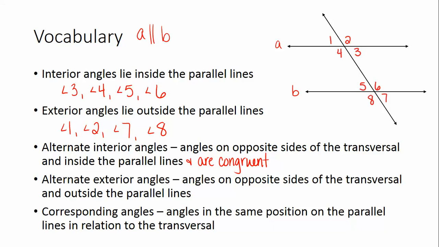So we're only talking about angles 3, 4, 5, and 6, but now we want the angles that are opposite of one another. So for example, angle 3 is going to be congruent to angle 5, and angle 4 is going to be congruent to angle 6.